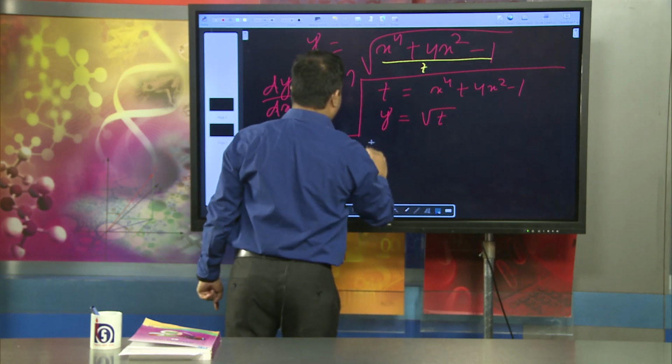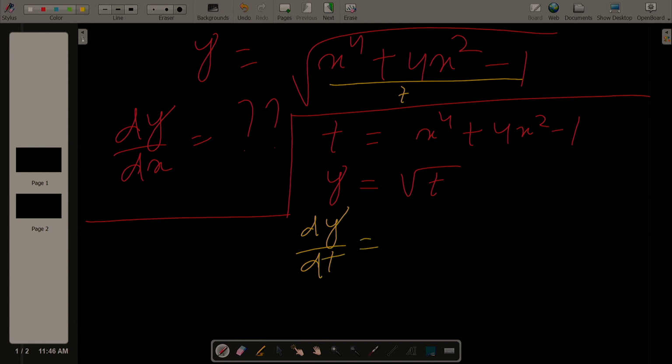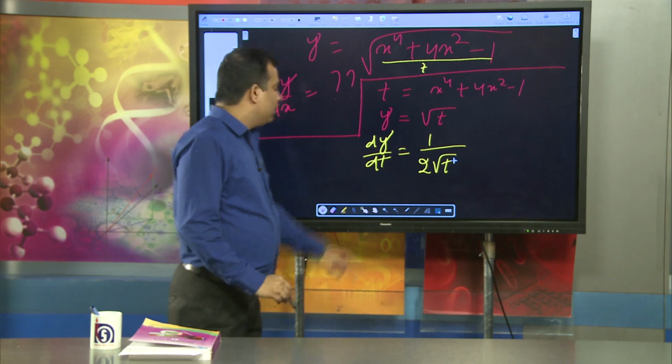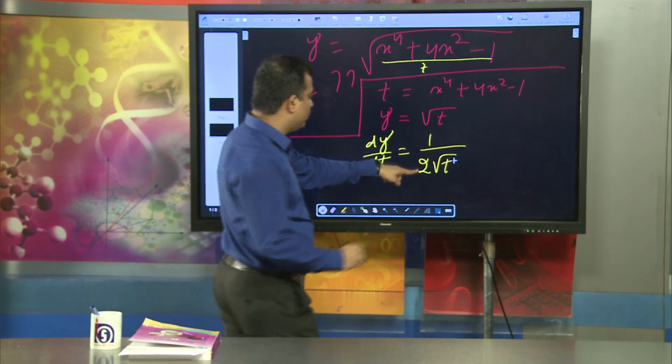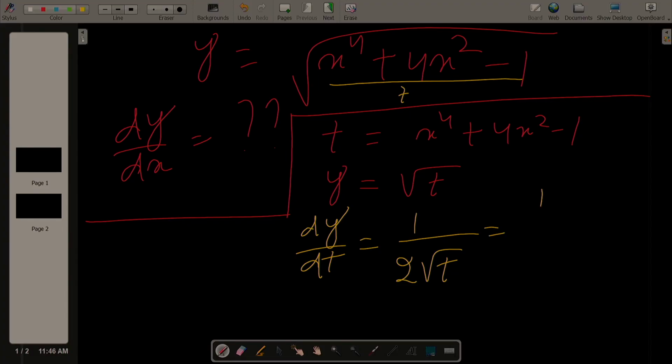So if I talk about dy by dt, the value will be 1 by 2 root t. That means 1 by 2 into square root of x^4 plus 4x square minus 1.